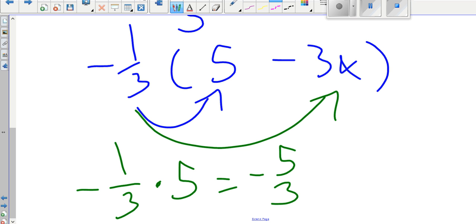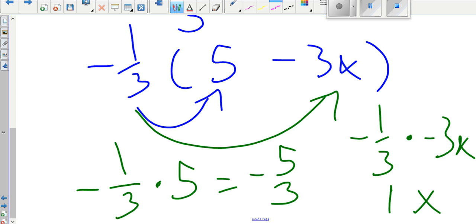And then, of course, we're going to take negative 1/3 and multiply by negative 3x. And 1/3 times 3 equals 1. Negative times negative equals positive, so that's 1. And x remains. And of course, we don't need that 1 because anything times 1 is that. So we'd have a positive x.